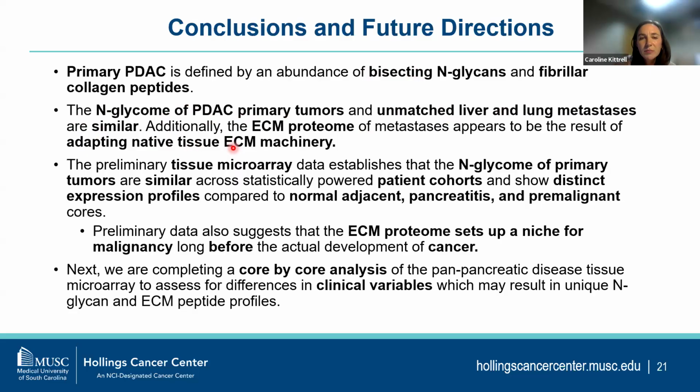Some preliminary results from our tissue microarray establish that the N-glycome of primary tumors are similar across statistically powered patient cohorts, and show distinct expression profiles when comparing the disease states such as normal, adjacent, pancreatitis, and pre-malignancy. Additionally, it looks like the ECM proteome sets up a niche for malignancy even decades before the development of cancer.